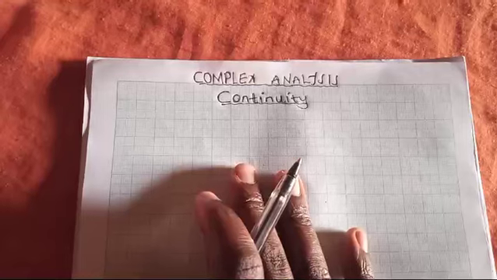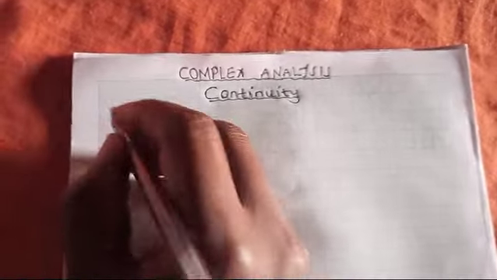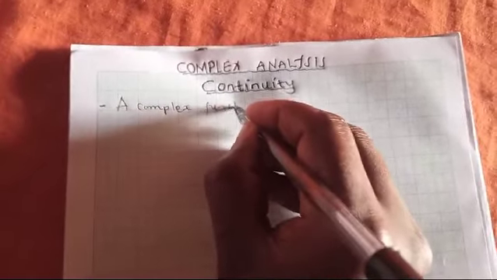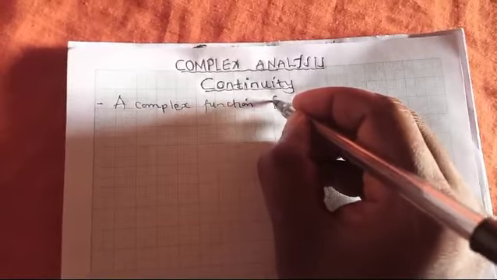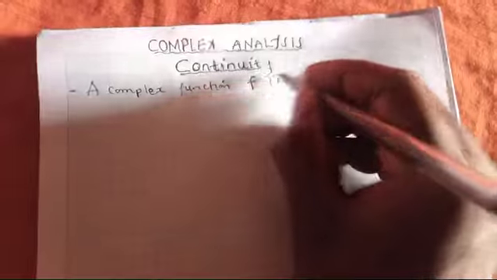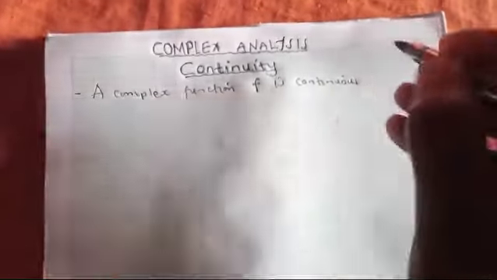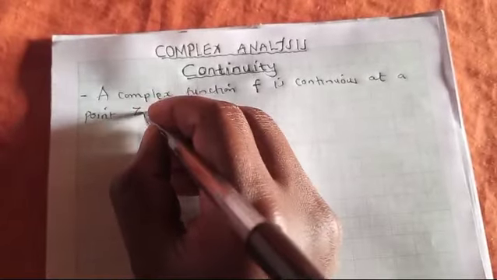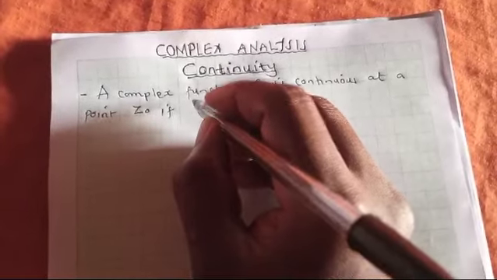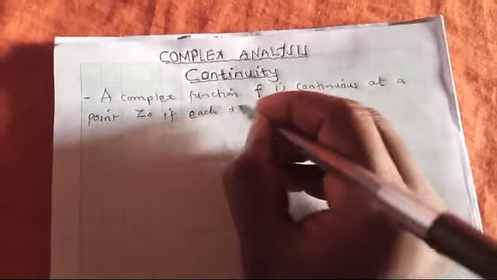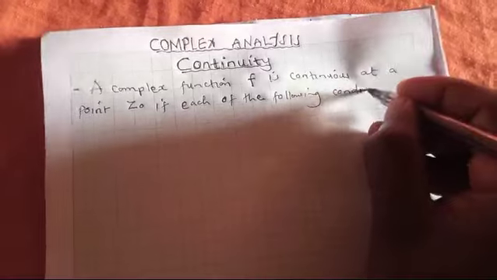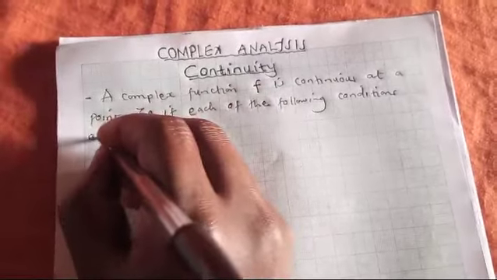So we'll have to begin with a definition, and we will say that a complex function, denoted by f, is continuous at a point z naught if each of the following conditions are met.